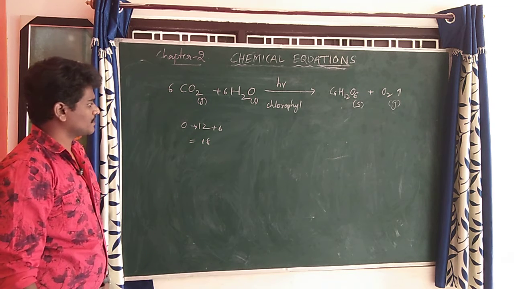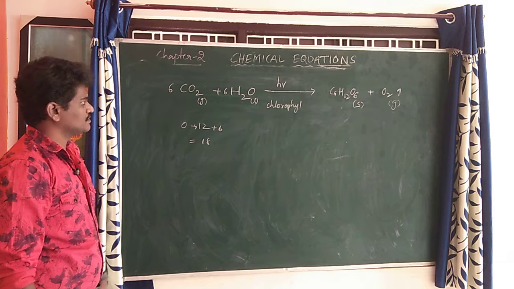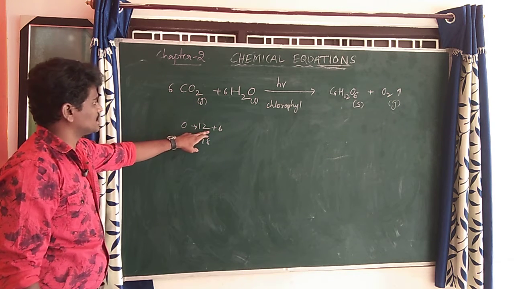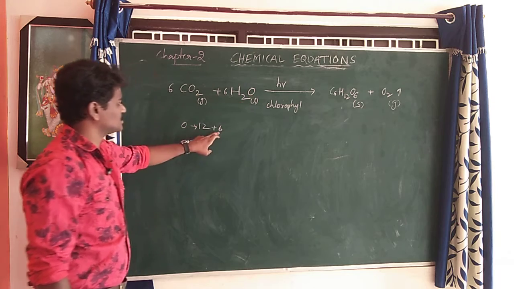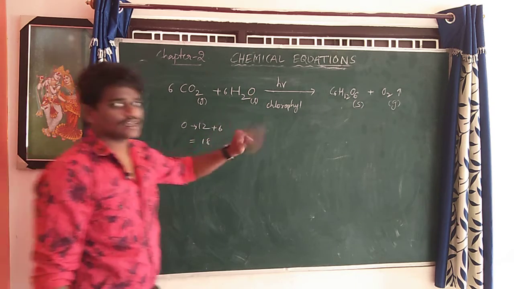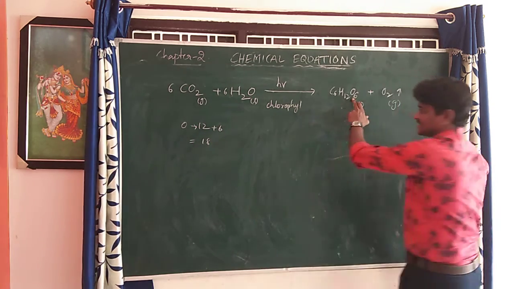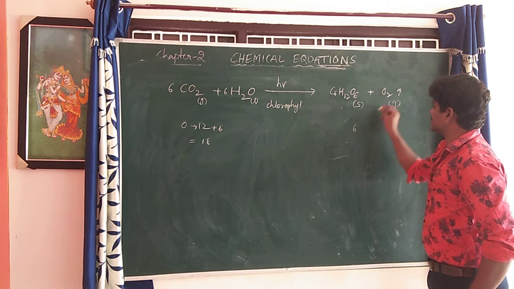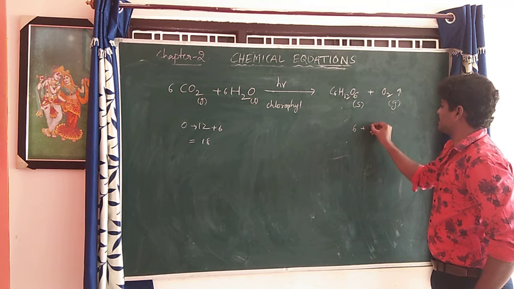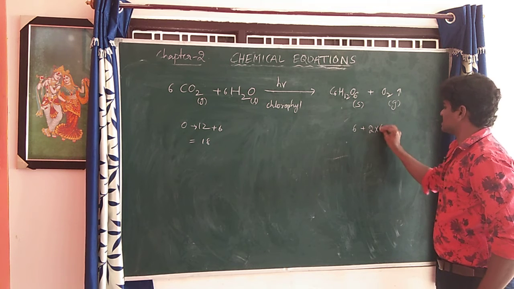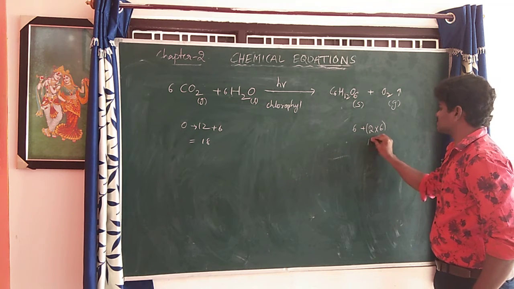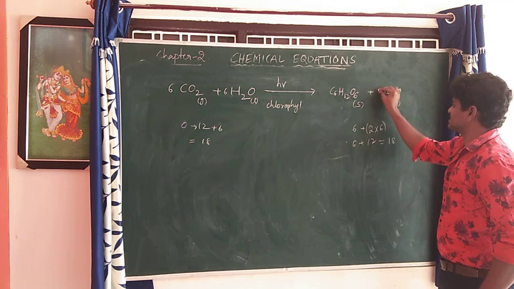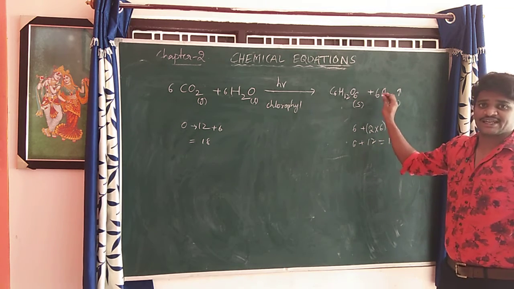On the other side, there are 6 oxygens in glucose and 2 in oxygen gas, so for this you have to add 6 O2. 6 times 2 is 12 plus 6, total 18. So you have to write 6 here. This is the balanced equation.